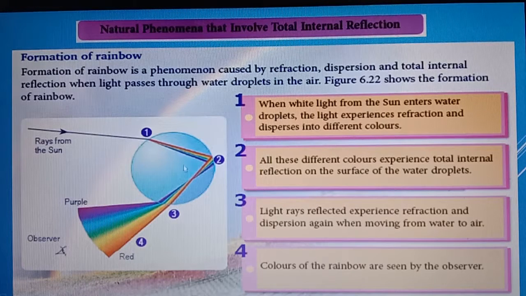So different colors refract to different angles. You can see now the light will be spread out into 7 colors. That's how you can see the beautiful rainbow that forms due to the phenomenon of refraction, dispersion, and total internal reflection.